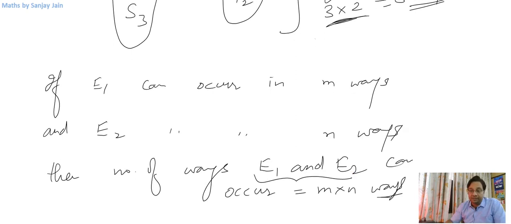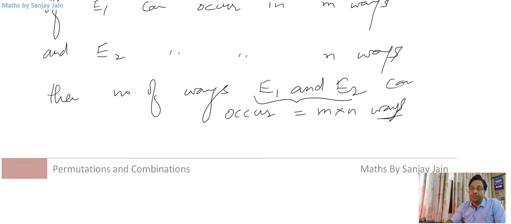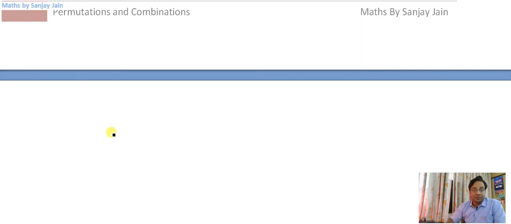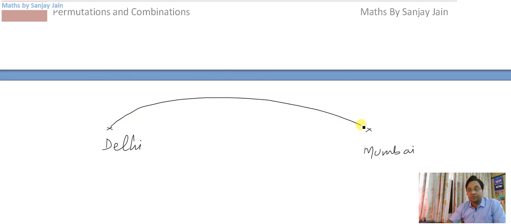Let me take another example. I hope then it will be very simple for you to understand. For example, if you have to go from Delhi to Mumbai, now you have the following options. You can go through Shatabdi Express, right?